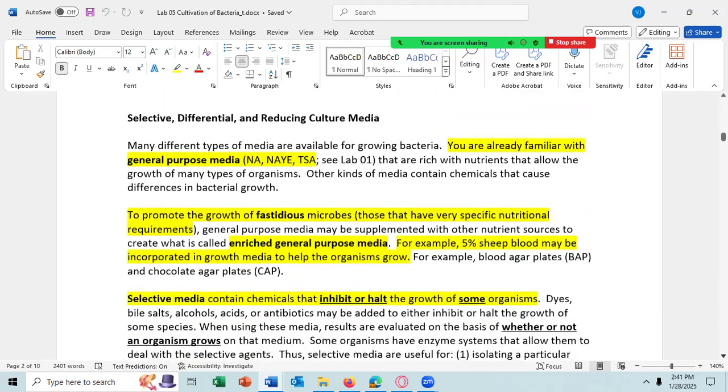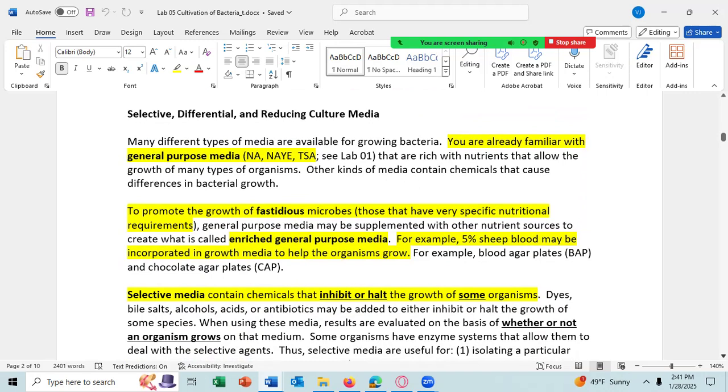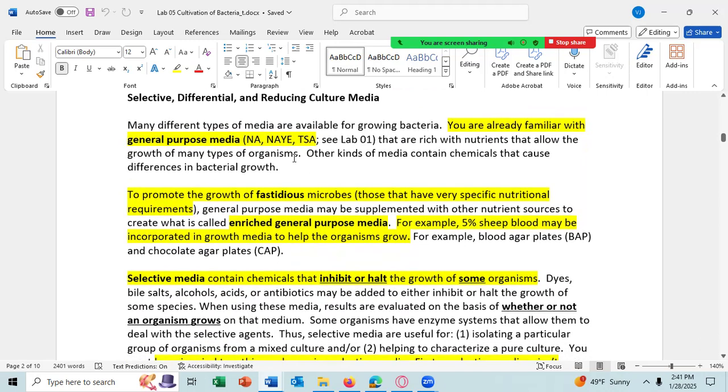You're already familiar with general purpose media, where we talked about NA, nutrient agar, NAYE, which is nutrient agar with yeast extract in it, and then TSA, tryptic soy agar.